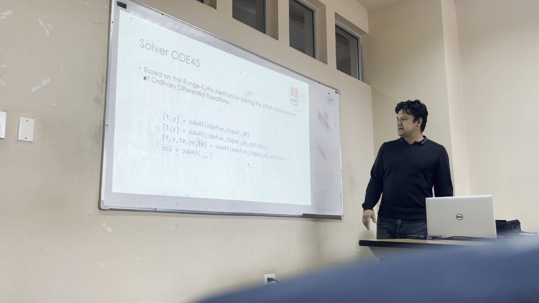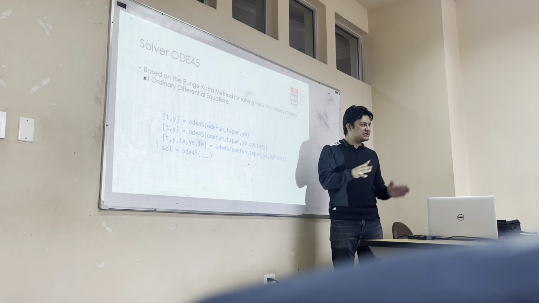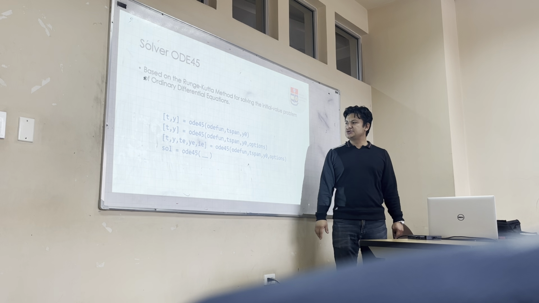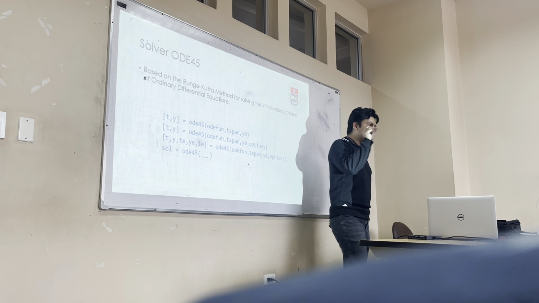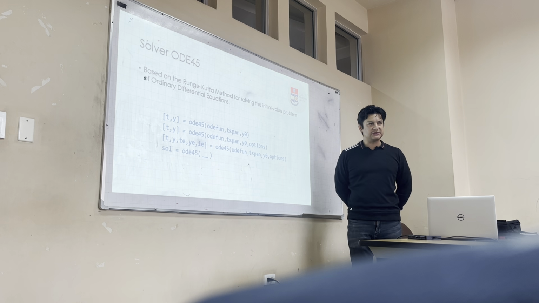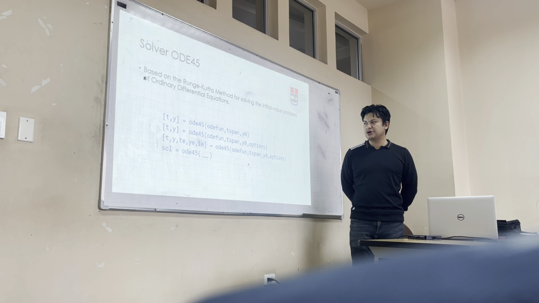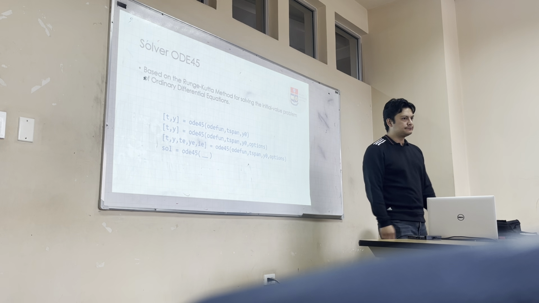Another form to do that, with the same thing, is to put some options. This options is a set of parameters that are going to improve the performance of the solver. Or you might have some other solutions at a particular, specified point. I'm not going to deal with that. The solution of the system is just ODE45, whatever you have inside.